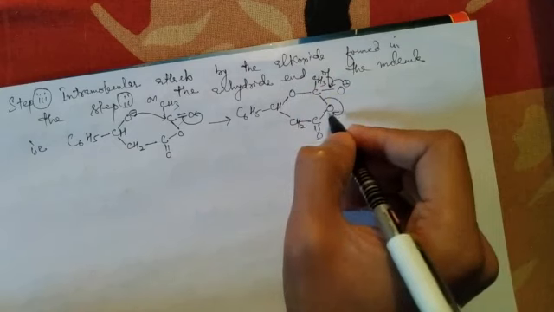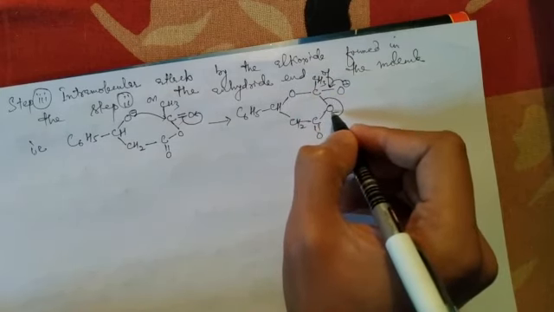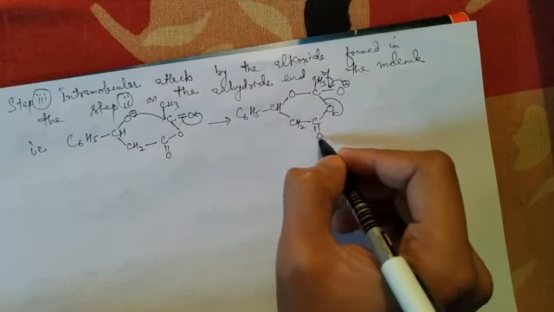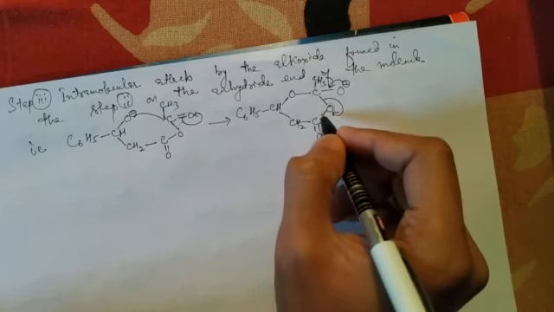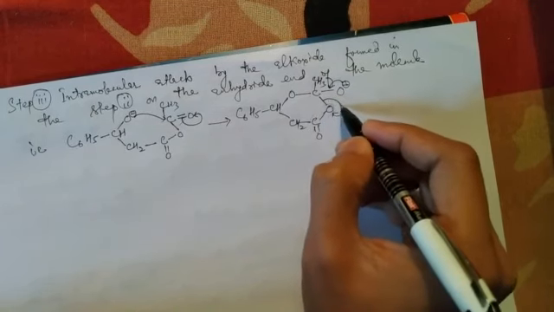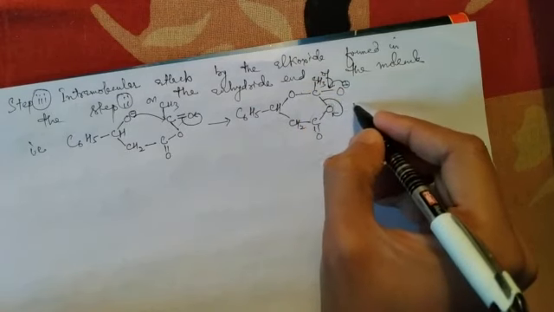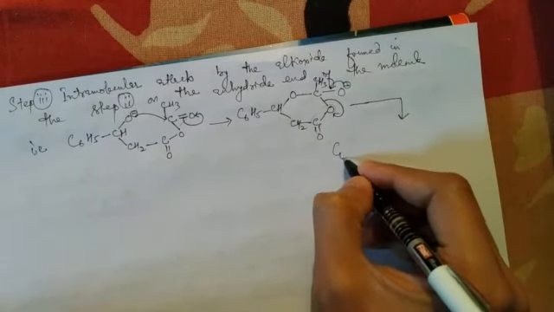Now this is due to stability. If this bond comes over here on this oxygen atom, then we may have this carboxylate ion which is resonance stabilized. So this is due to the stability that this bond gets shifted over this oxygen and not this bond, and we are getting this another structure.